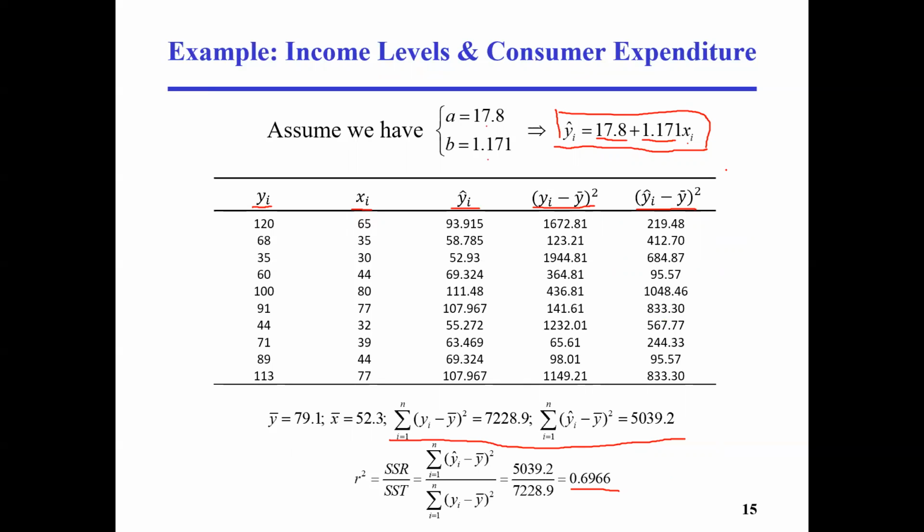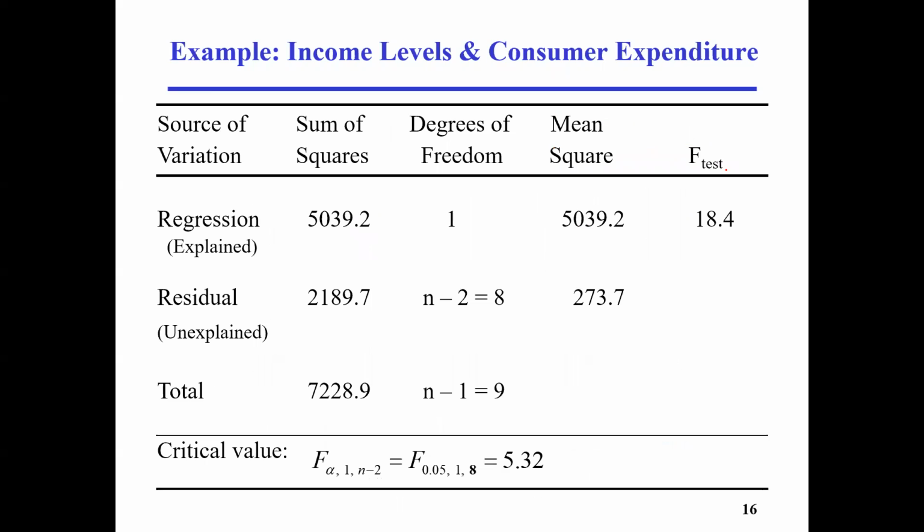Okay, so after R squared, we want to do the significance test, right? So SSR, SSE, SST, right? Degree of freedom, always 1. Degree of freedom, n is equal to 10. So 10 minus 2, 8. You just follow the procedure and you get an F-test value, which is pretty big, right? And then you need to find the critical value for F, right? You go back to the F table using alpha, let's just say 0.05.